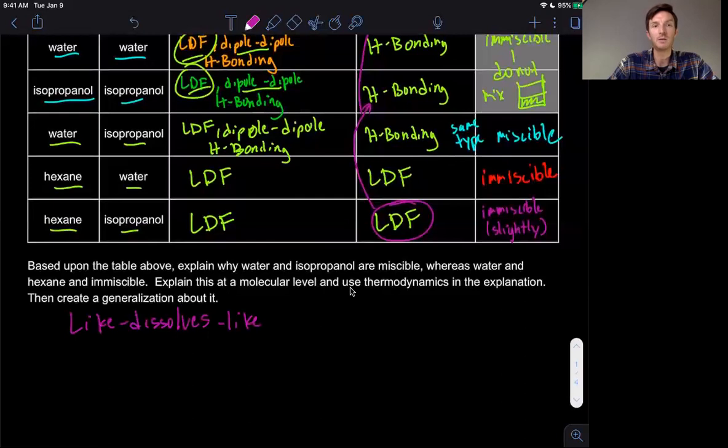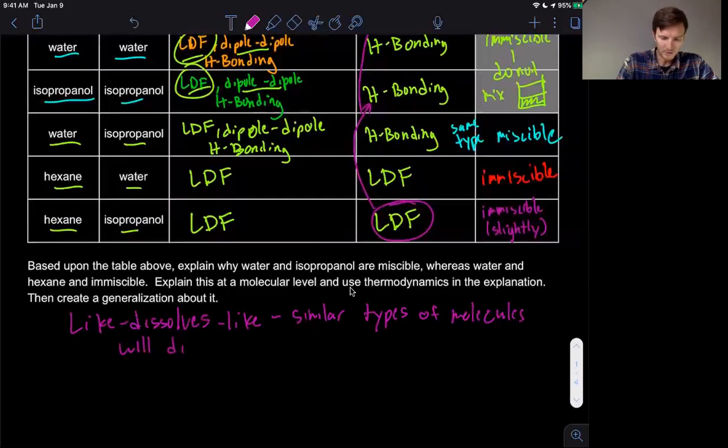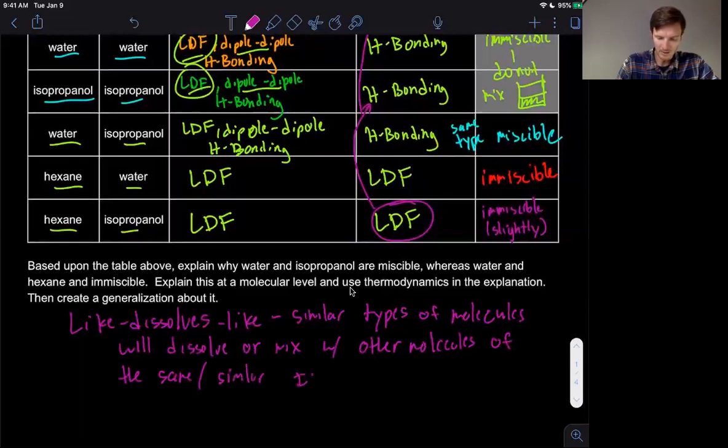We can distill that down to the fact that similar types of molecules will dissolve or mix with other molecules of the same or similar intermolecular force strength.